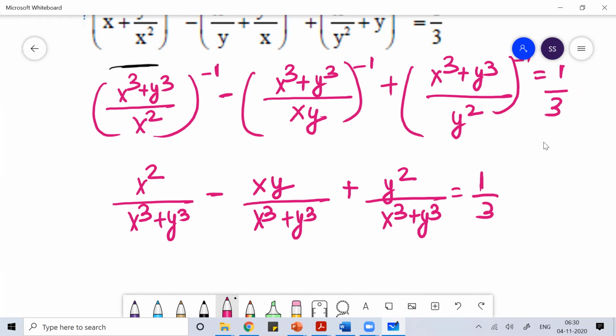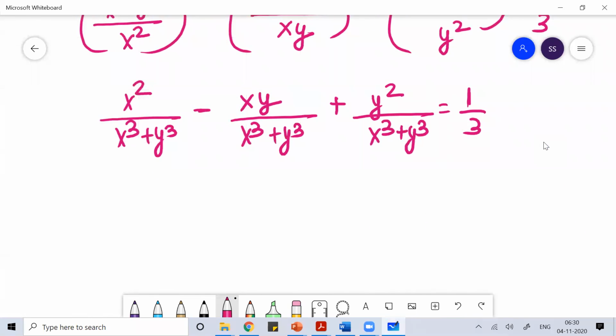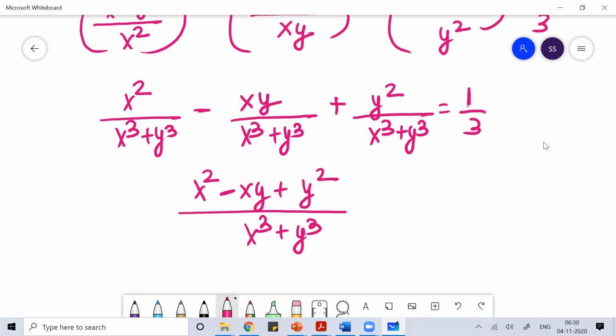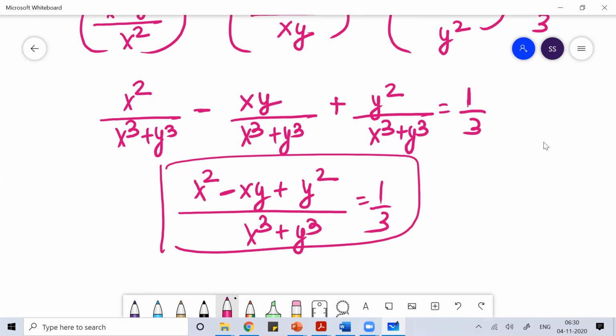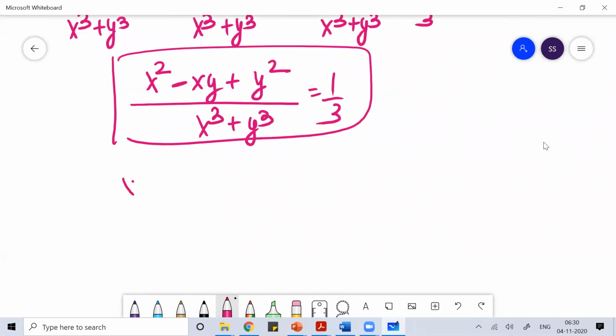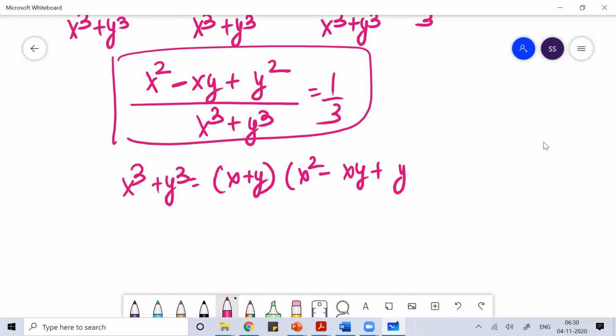The power is inverse, so numerator becomes denominator, denominator becomes numerator. Now you can see the denominator is the same. So x square minus xy plus y square divided by x cube plus y cube is equal to 1 by 3. Everyone knows the expansion of x cube plus y cube, that is x plus y into x square minus xy plus y square.